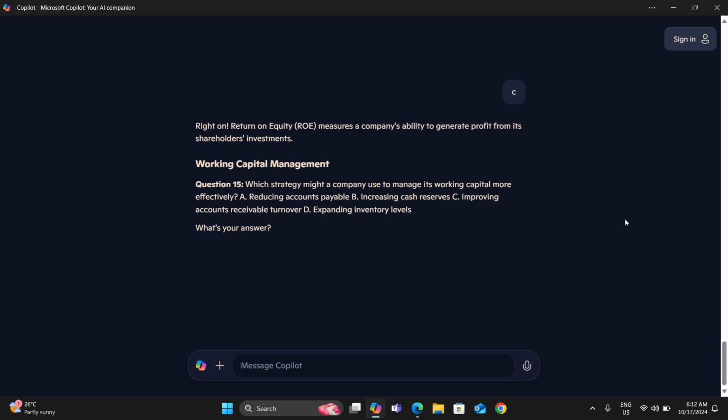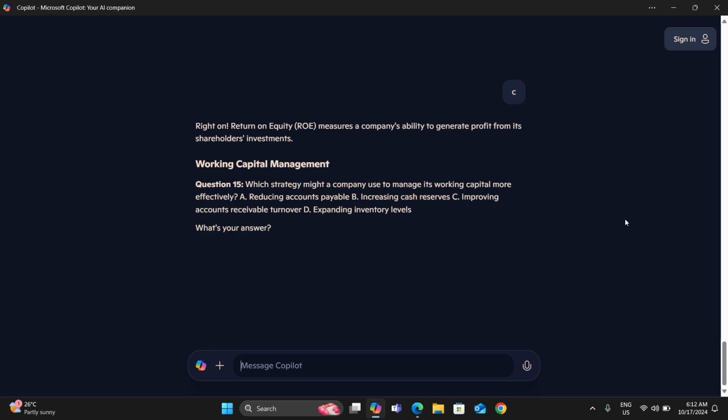So it's not 100% that reducing accounts payable means you are managing your working capital effectively. If you have a longer cash inflow period, then you have to avail of debt in order to satisfy your accounts payable immediately.